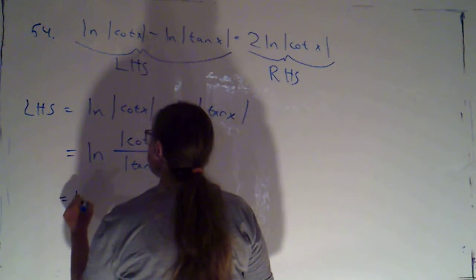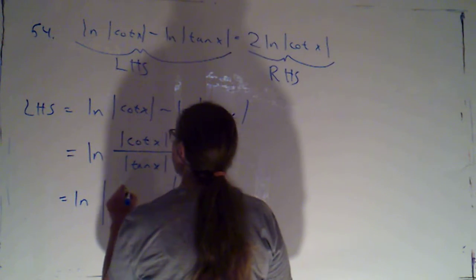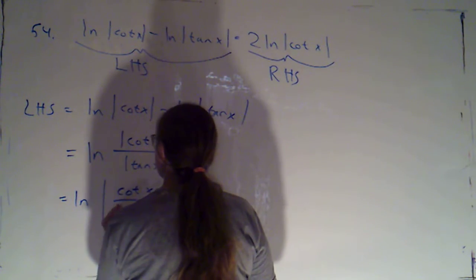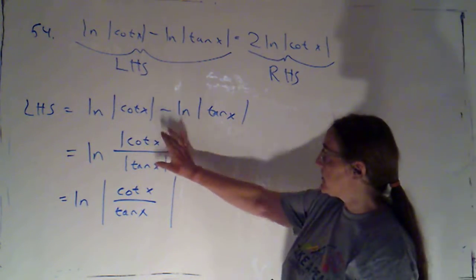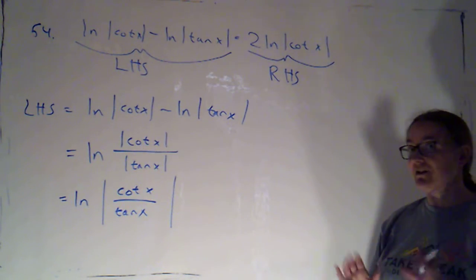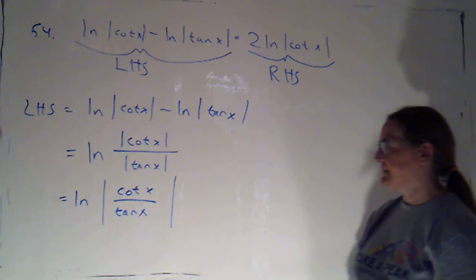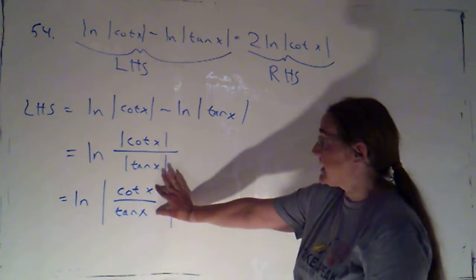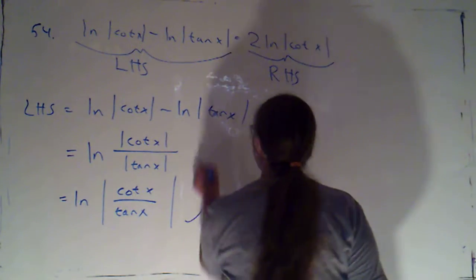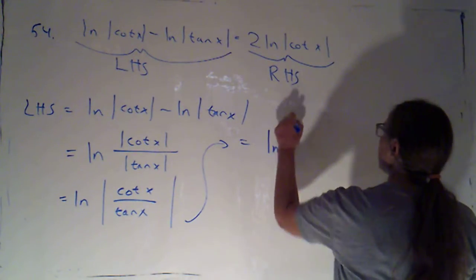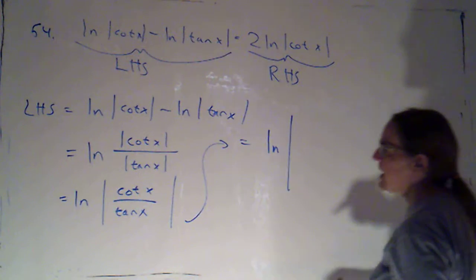So I can say this is the natural log of the absolute value of cotangent of x over tangent of x. As long as these parts are connected by multiplication or division, I can just put them inside of one big absolute value sign. That's kind of nice, because now I can just work with these trig functions. So I can say, okay, that's going to equal the natural log of the absolute value.